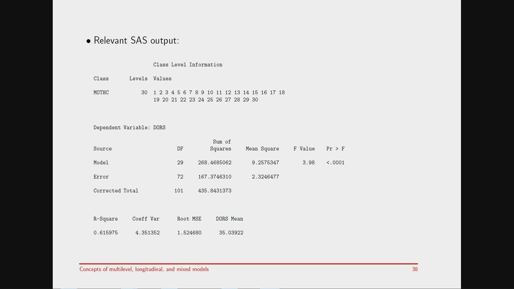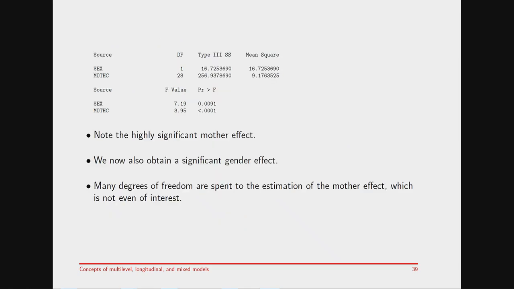You rarely see that in statistics. Almost two thirds of the variability is explained by 2 factors in that model. And of course, having seen the picture that I showed you before, where we could see all the variability between the mothers, we're not that surprised by this. Then here we have the individual tests for the 2 effects.